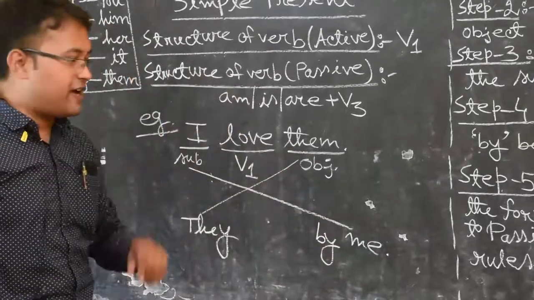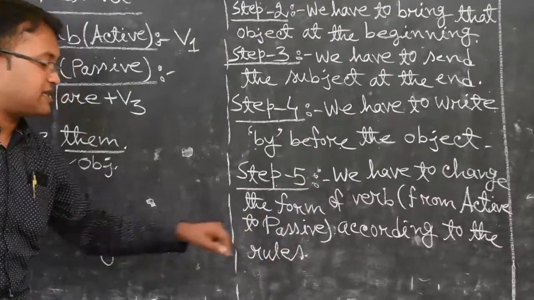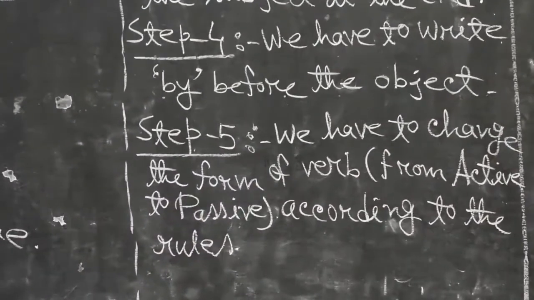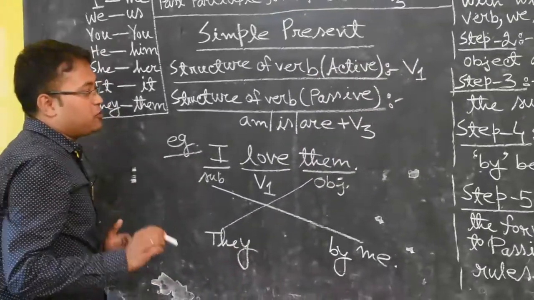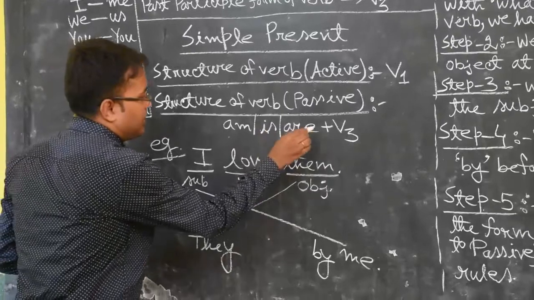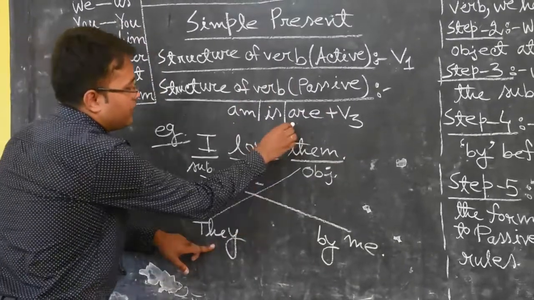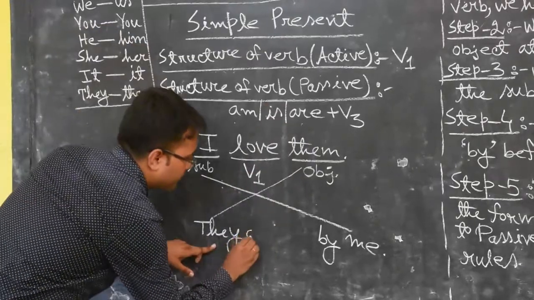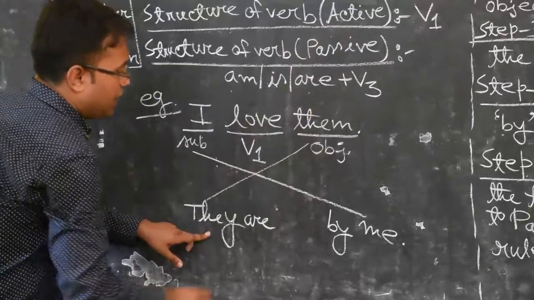And at last, step 5, we have to change the form of verb from active to passive according to the rules. What is the rule? If there is V1, we will have to do am, is, are plus V3. So after they, we have to write are, and V3 of love is loved.